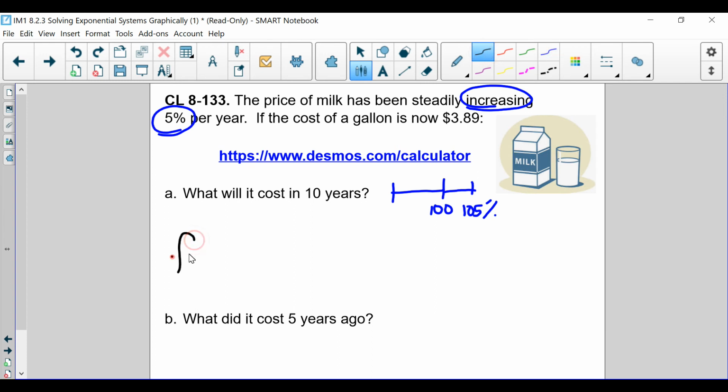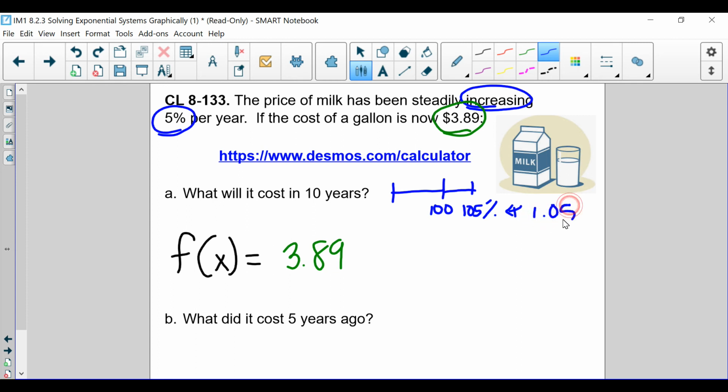Our equation is f of x is equal to, what's our starting amount? $3.89. Then in parentheses, we need to write 105% as a decimal. Is that written as 0.5 or 0.95? No, it's written as 1.05.